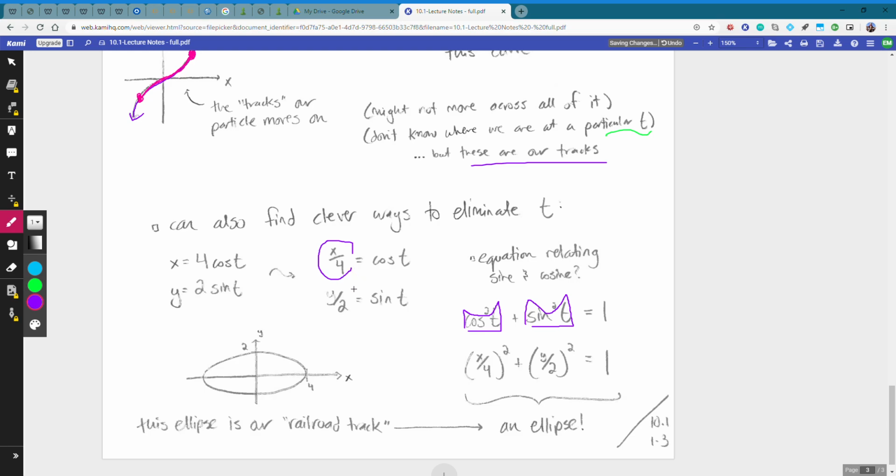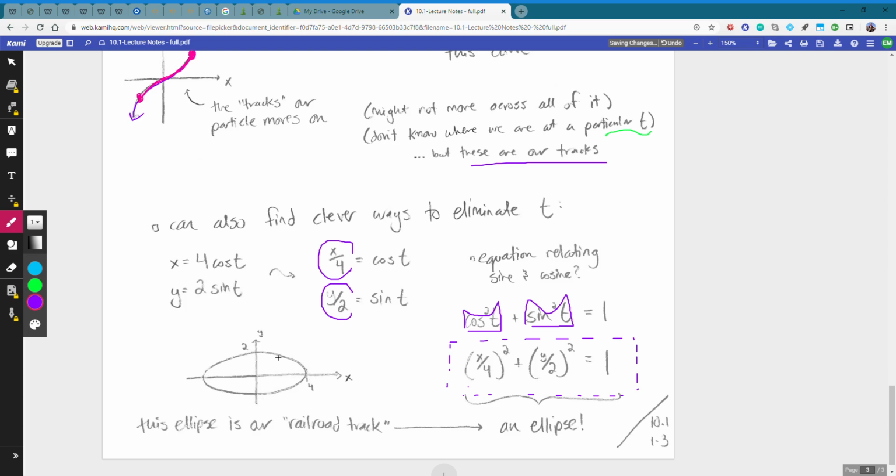Cosine is x over 4, sine is y over 2, and once we've done that, we now have an equation without t at all that our particle satisfies. At every point in time, our particle is moving around the solution set to this equation, and if you remember back to pre-calc and conic sections, this is exactly the equation for an ellipse, where the x radius is 4 and the y radius is 2.